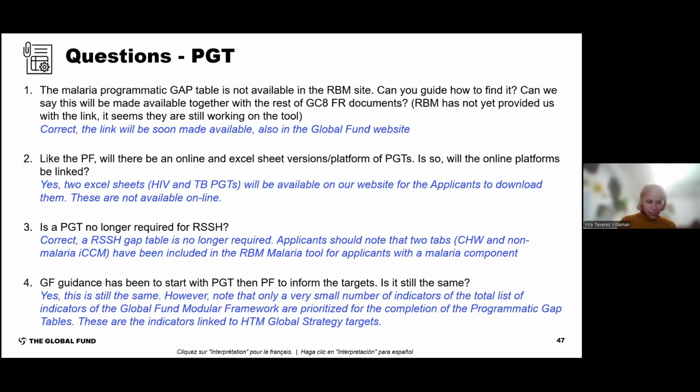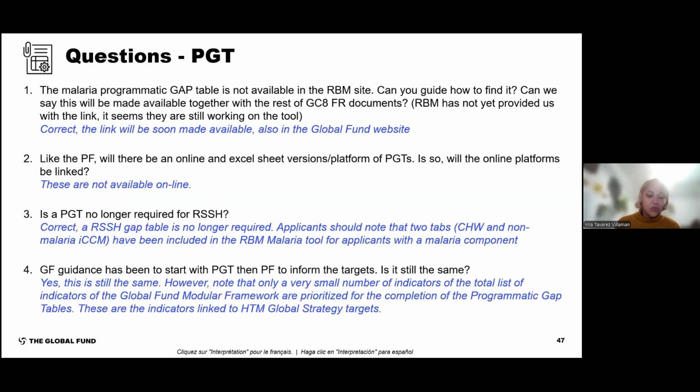And the last question, with regards to our guidance to always start with the programmatic gap tables and then the performance framework to inform the targets. Yes, this continues to be the same. The reason, as we explained before, is that the programmatic gap tables help you to justify and document how we are setting targets with the right level of ambition and which resources we are considering that can contribute to reaching those targets.